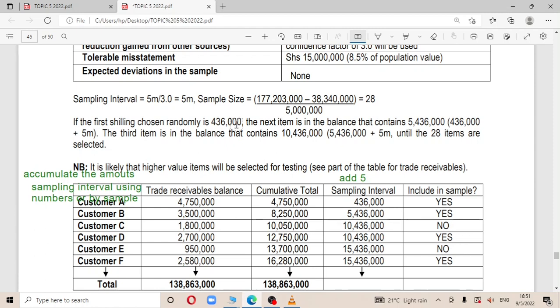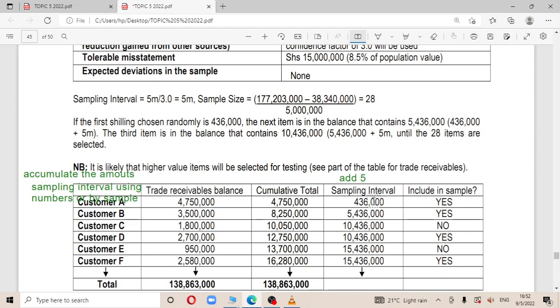So you can say our starting point is 4.36. You select it randomly. Then you just keep adding the interval, which is 5. So you are skipping 5. After you skip 5, you select another one. You select another one like that.